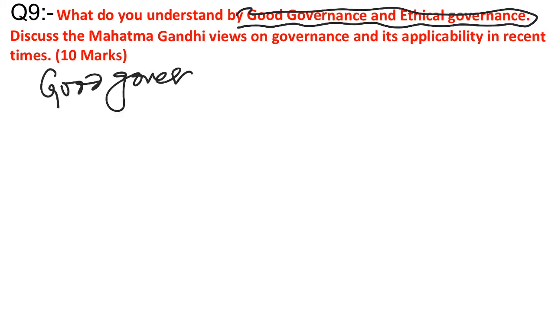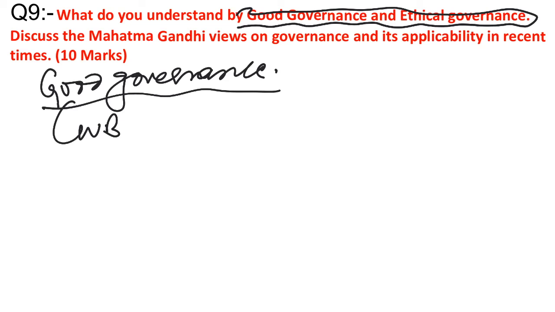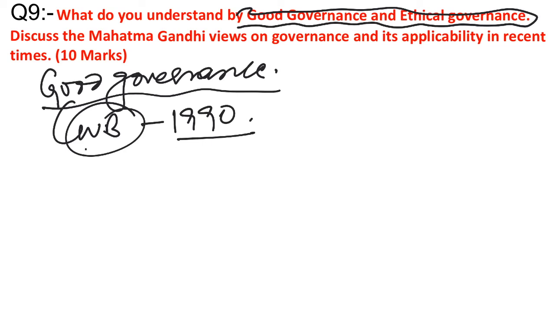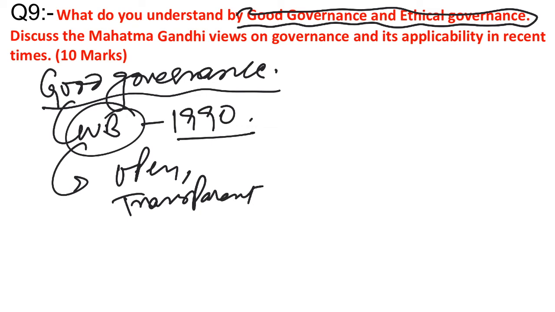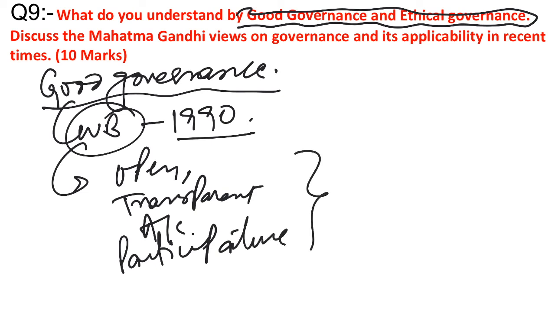Good governance, as you all know, was given by the World Bank in 1990, and it is a value-based governance which makes public administration more open, transparent, accountable, and participative. There are different elements of good governance given by the World Bank.